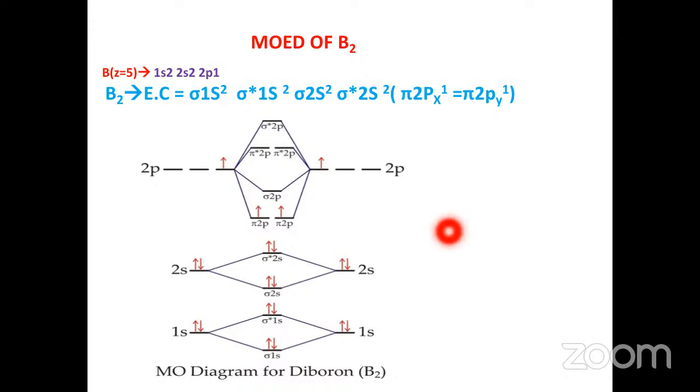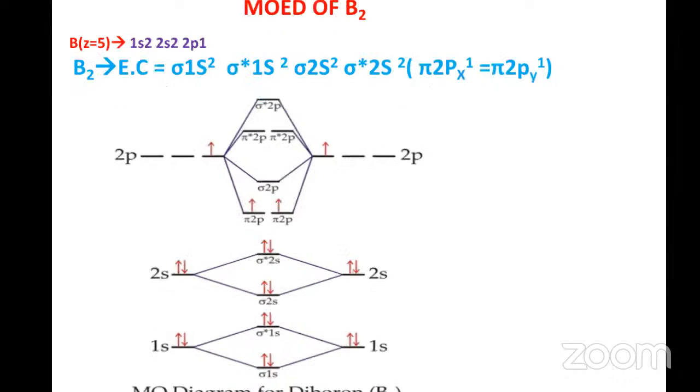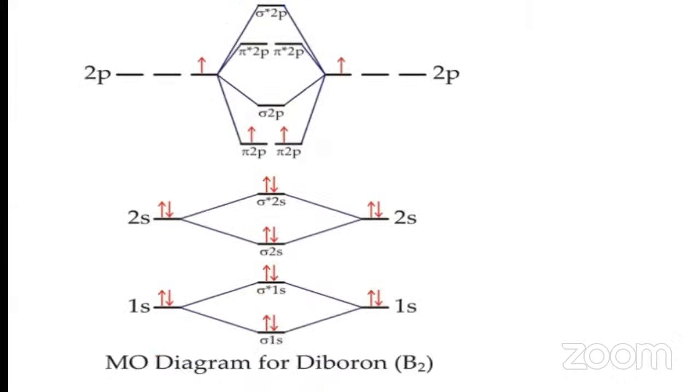The bond order is equal to NB minus Na by 2. NB is nothing but the electrons present in bonding molecular orbitals. How many bonding electrons are present here? Here 2 electrons, here also 2 electrons and here also 2 electrons.